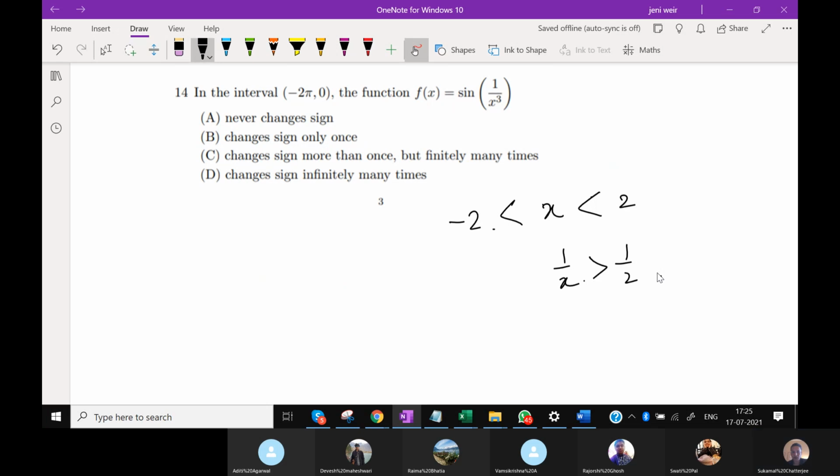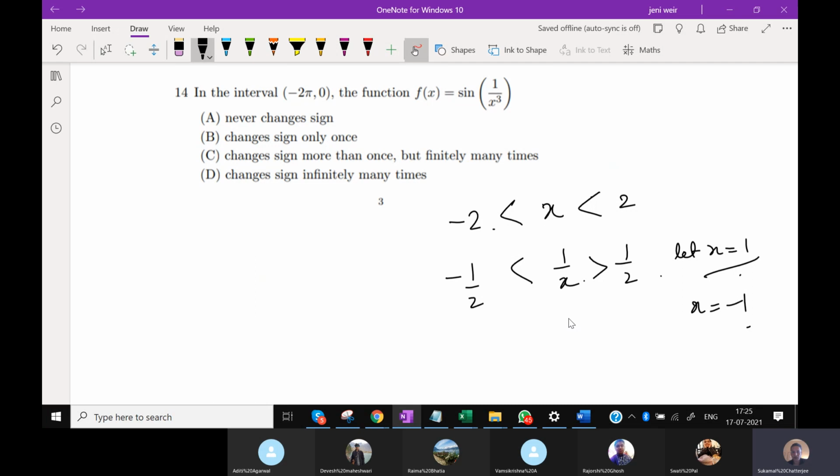Correct? Right? Similarly, if I take x equal to 1, then 1 by 1 will also be greater than minus 1 by 2. Now, if I take x equal to minus 1, then what happens?